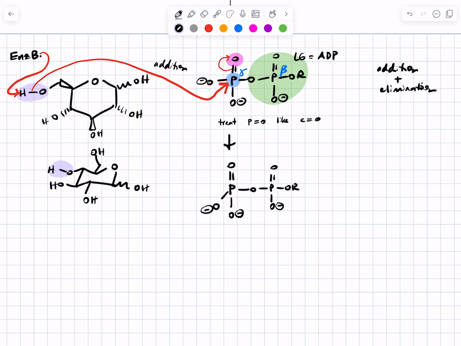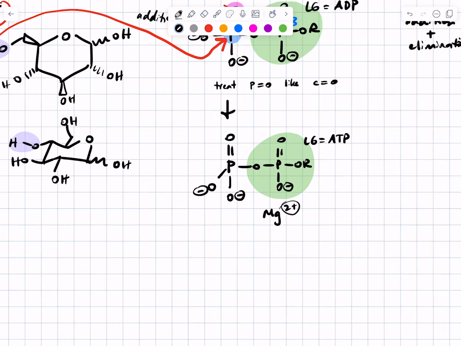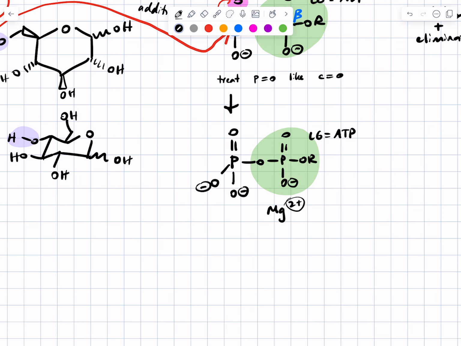One thing that you should know is there's a lot of negative charge here, and most of the enzymes that are called kinases have a magnesium cofactor that helps mediate the negative charge. We won't always draw that, and you may forget it, but often magnesium is necessary to help stabilize that intermediate where there's so much negative charge.